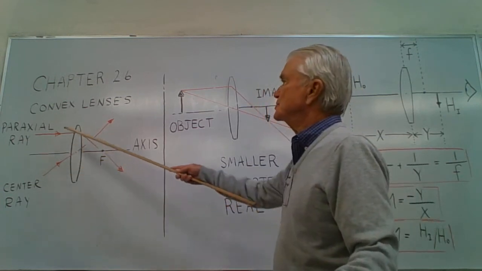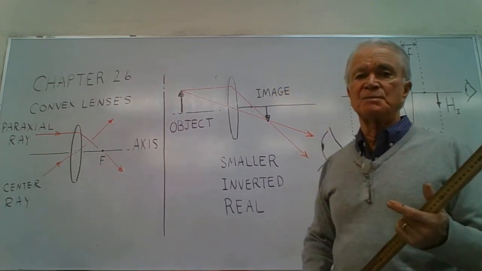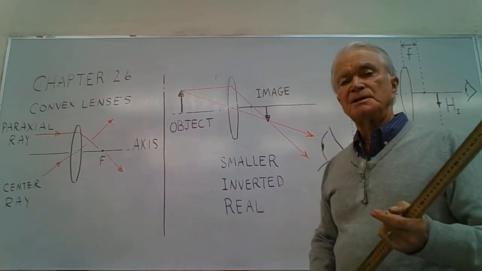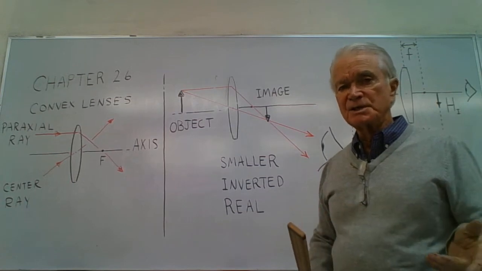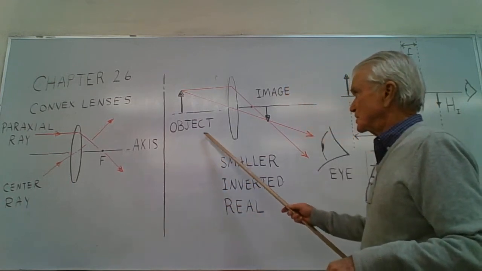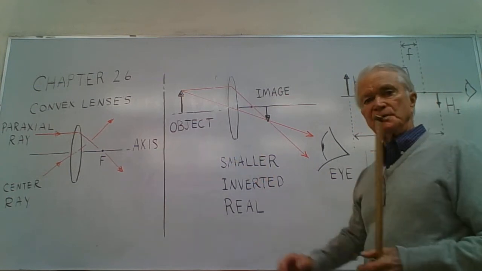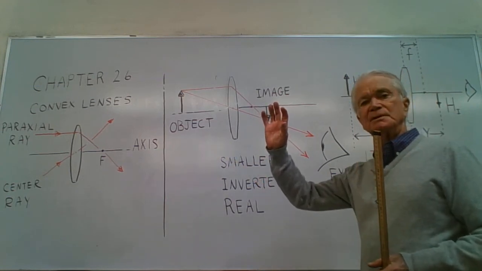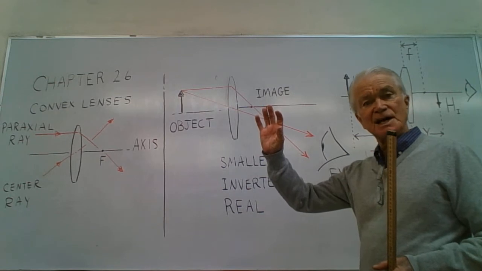Now, these two special ray behaviors can be used to determine the characteristics of the image that is formed when an object is viewed through a convex lens.